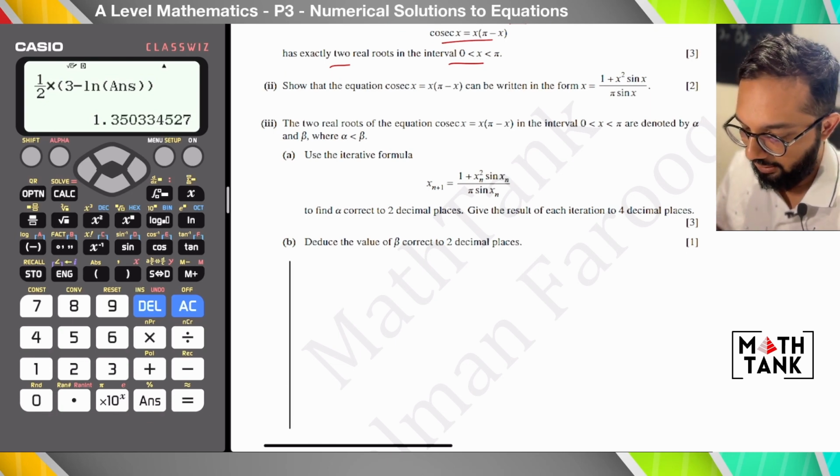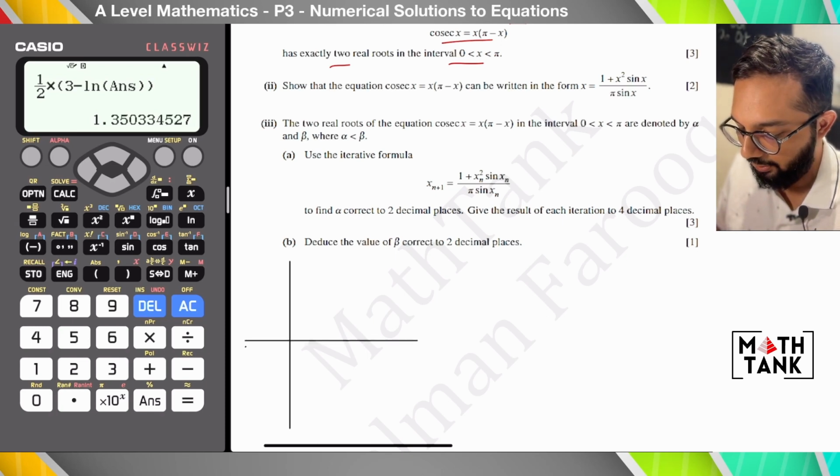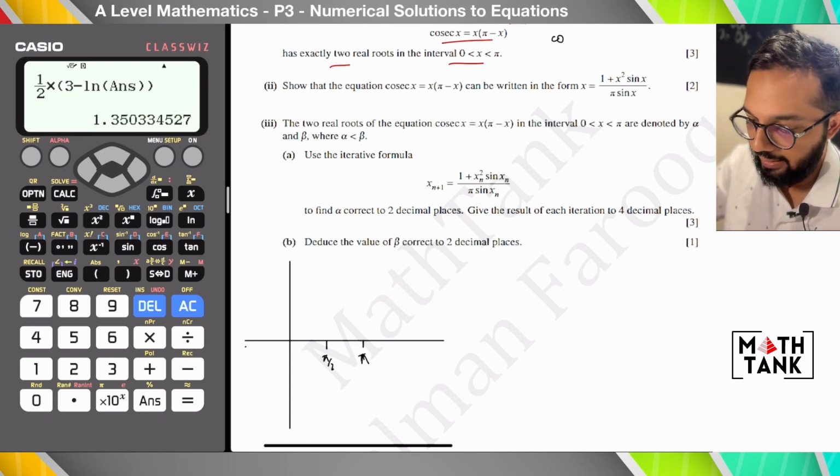Now I have to be a little careful. Why? Because I have to draw pi over 2 and pi. Cosec x is basically 1 over sine x.